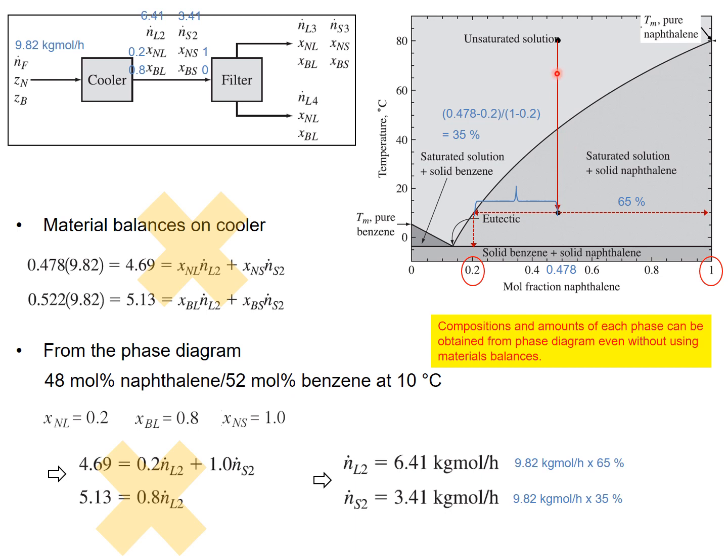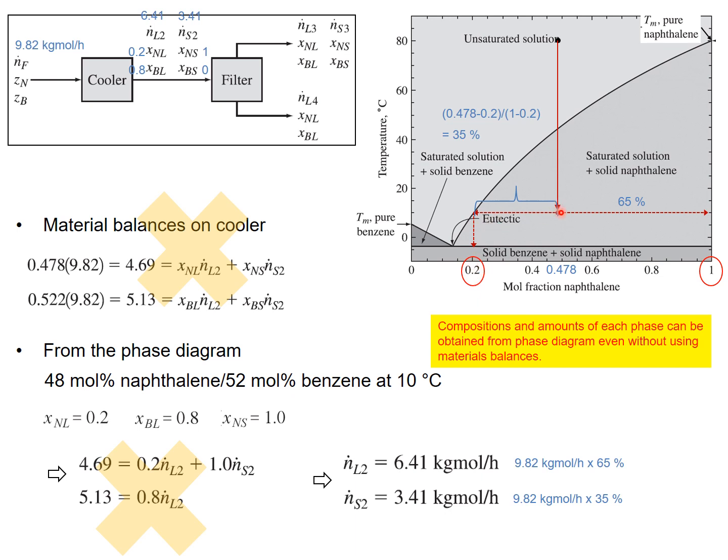In this phase diagram, we use the mole fraction of naphthalene on the x-axis, and in the previous slide we calculated the mole fraction of naphthalene from the weight percent of naphthalene and benzene already. That was 0.478 naphthalene. So we are here, and the composition of the solution is this one, 0.2.